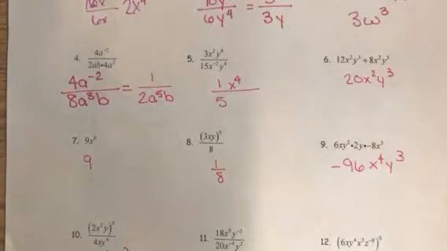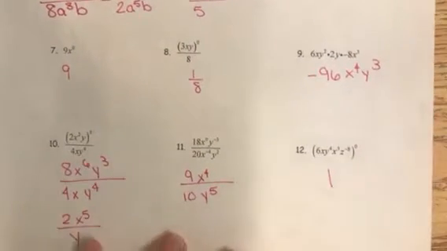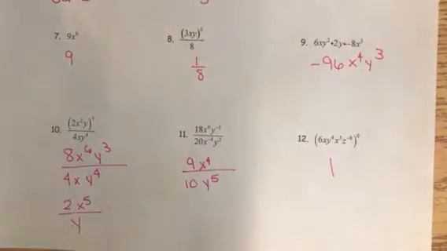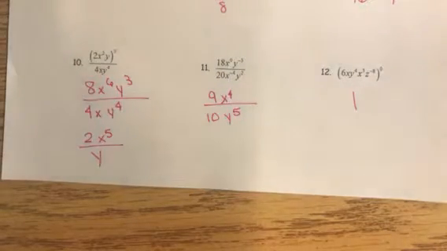Number 6 is 20x squared y to the 3rd. Number 7 is 9. Number 8 is 1 over 8. Number 9 is negative 96 x to the 4th y to the 3rd. Number 10 is 2x to the 5th all over y. Number 11 is 9x to the 4th over 10y to the 5th, and number 12 is 1.